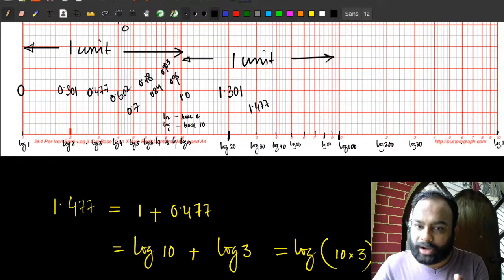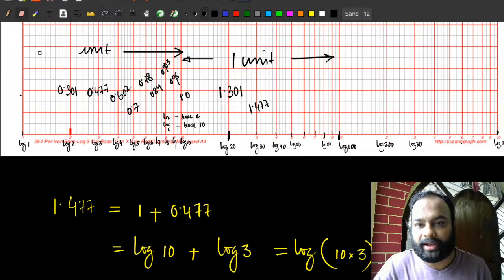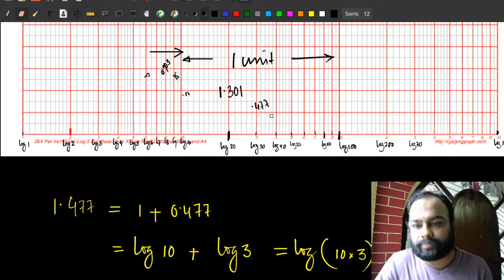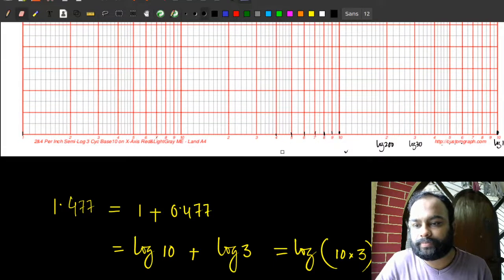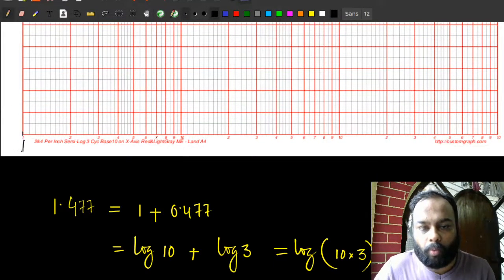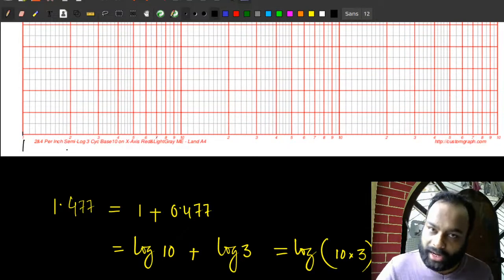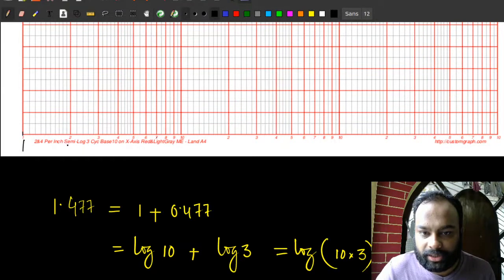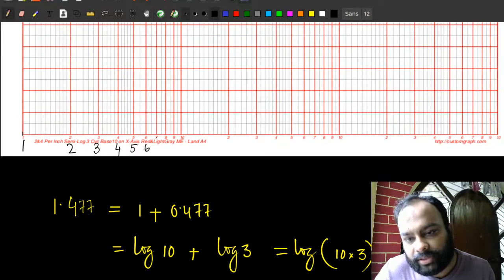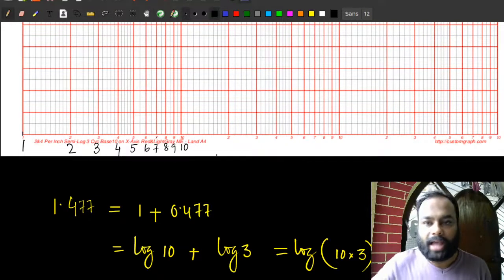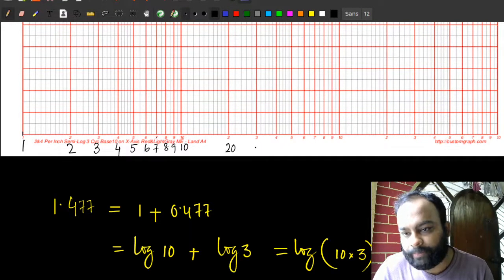So if this 1, 2, 3, these things are frequencies, then let me erase everything here, we would say that we are now talking about a frequency of 1 radian per second here, or maybe 1 hertz here, based on our units. This is 2, this is 3, this is 4, this is 5, 6, 7, 8, 9, and 10. And then we have frequencies like 20, 30.